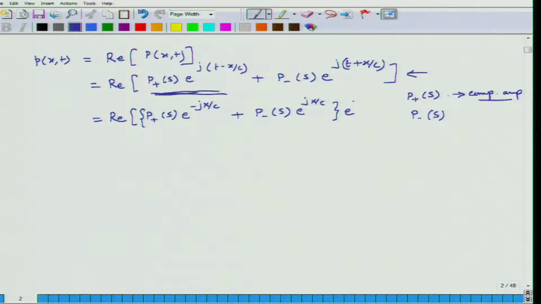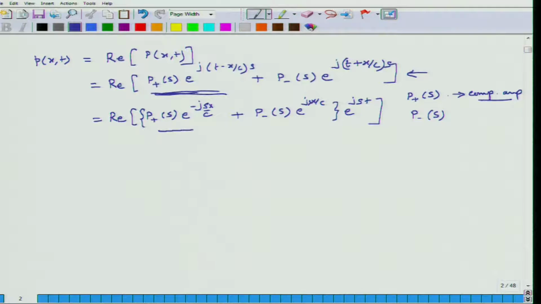Oh, I missed something, I should have the term s also in the exponent, so it is s x over c, and I should have an s here also, an e to the j s t. Okay.